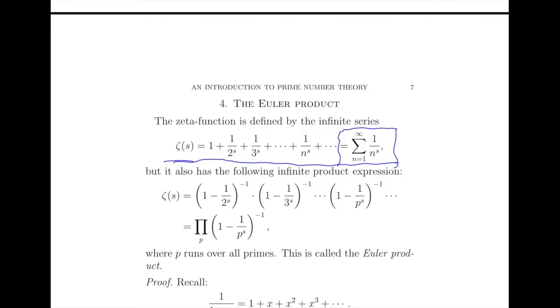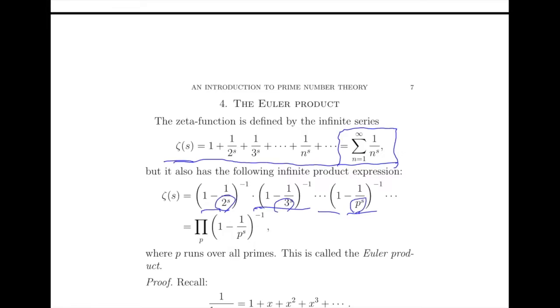But the zeta function has another expression, given by an infinite product: 1 over (1 minus 1 over 2 to the s), times 1 over (1 minus 1 over 3 to the s), etc. These denominators run over all prime numbers.